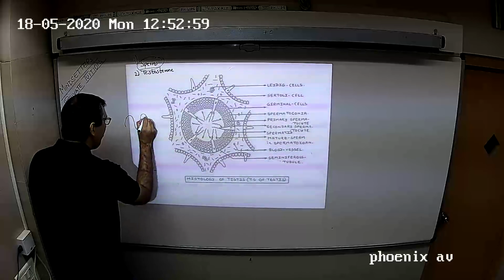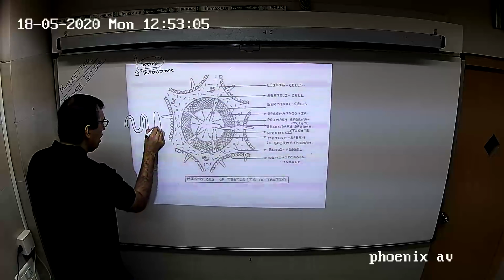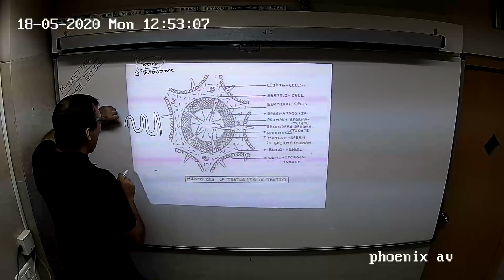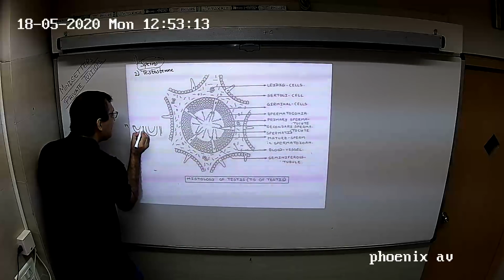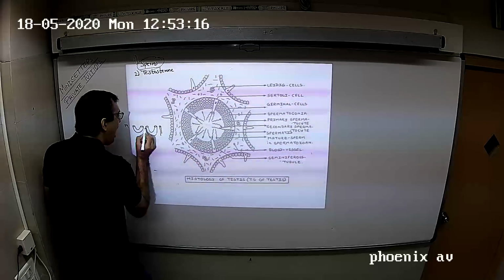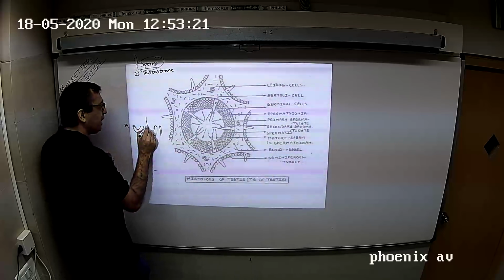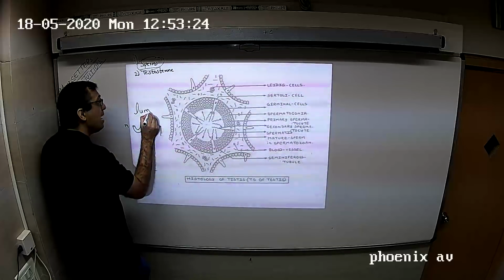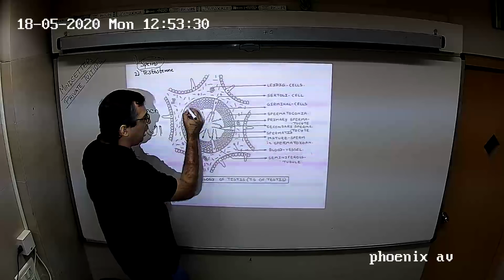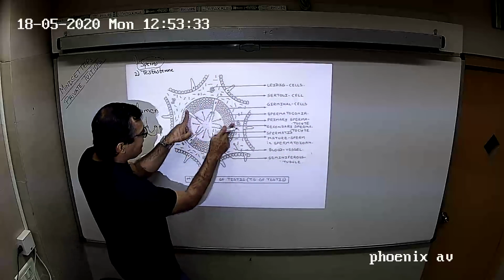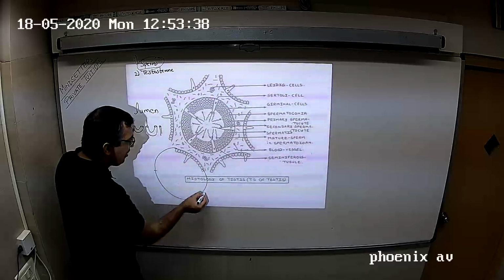This is the seminiferous tubule, with a length of 60 centimeters. I have taken a cut section of it, and I am seeing inside the seminiferous tubule. What I am seeing is the lumen of the seminiferous tubule.